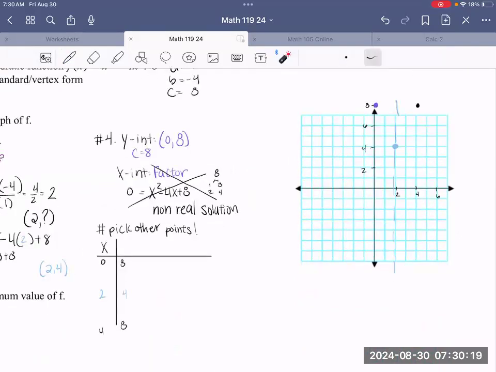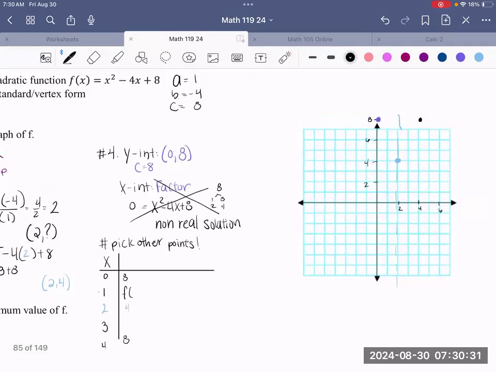Well, going 1 to the left of your vertex and 1 to the right of your vertex, that would allow us to enter in a 1 and a 3. So entering in 1 into your formula, which is 1 squared minus 4 times 1 plus 8, will be 1 minus 4 plus 8.